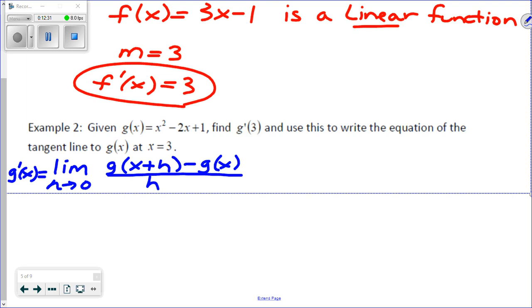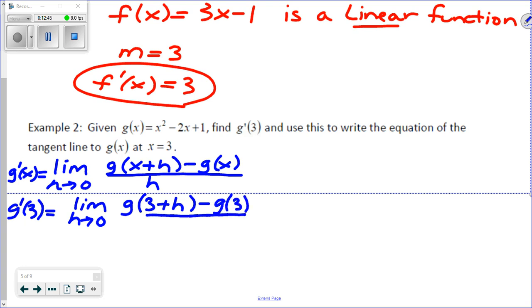But since we want to find g prime of 3, we're just going to replace x with 3 in our definition. So this will become g of 3 plus h minus g of 3 all over h. Okay, now we have a little bit of work to do because we've got to find g of 3 plus h. So I'm just going to work that off to the side. G of 3 plus h means we're plugging 3 plus h into g.